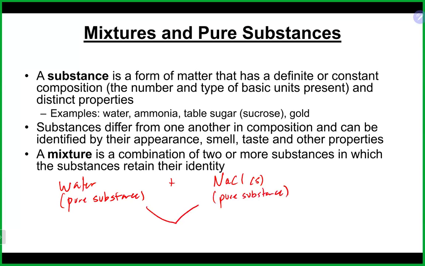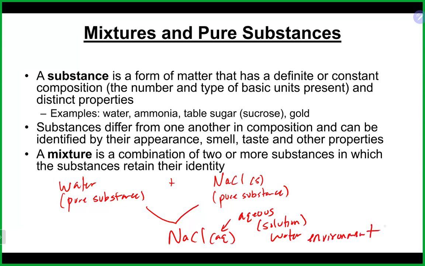If I combine those and put my sodium chloride into my water, the salt will dissolve and I will make a sodium chloride solution, which will have the aqueous symbol next to it. That means aqueous, basically a solution or a water environment. The sodium chloride solution is a mixture of both of those things, the water and the sodium chloride together.